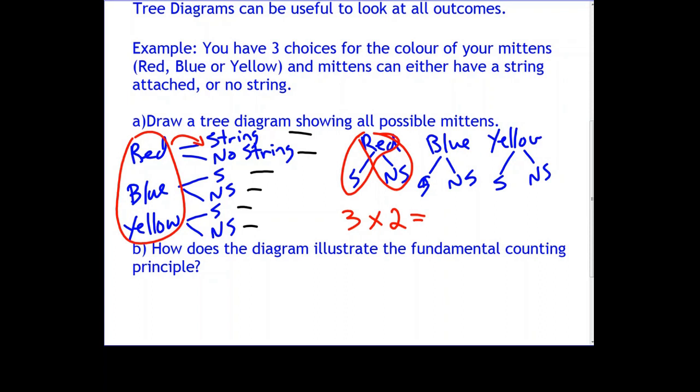So there were 6 possibilities there. That shows you how the tree diagram is related to the fundamental counting principle. Now the tree diagram gets cumbersome for large sets, so we use the fundamental counting principle, but you can certainly start with the tree diagram until you get the hang of the fundamental counting principle. So that's a fairly quick summary of the fundamental counting principle.